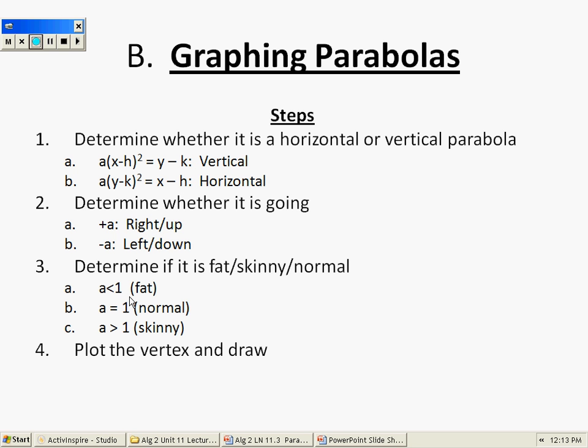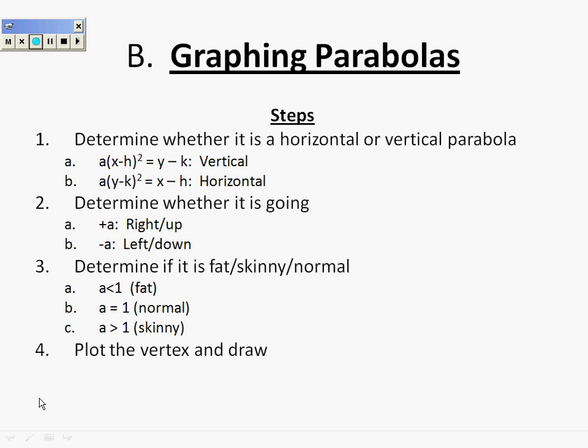So don't worry about the wideness of the graph today. We were just kind of estimating anyway when we did that the first time. Number 4, we are going to have to plot the vertex, and then from there, you know the direction from steps 1 and 2, so just draw the parabola going in that direction. We're not going to worry about finding the focus, but there is a way we could do it. But we're not going to worry about that right yet.